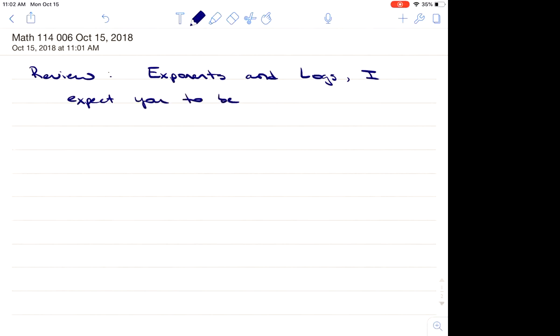Just in terms of review, we talked about exponents and logs. I expect you to be fluent in exponent and log rules from now on.